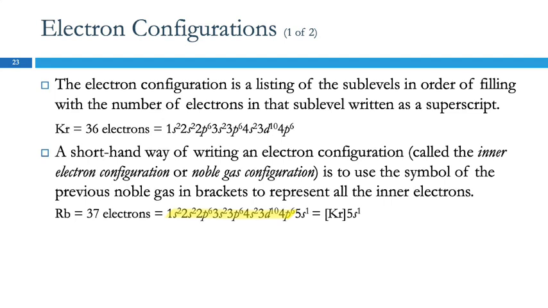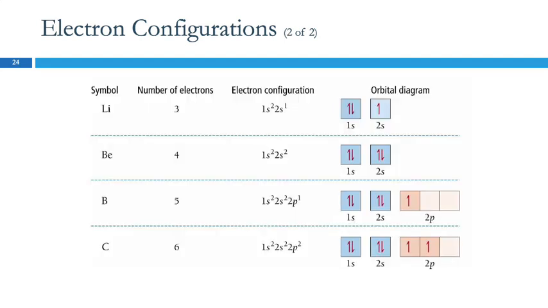And so we can shorten this and put krypton in brackets to represent the electron configuration of krypton and just show the extra electrons. This is called a noble gas configuration. And so you can do this by taking the previous noble gas, writing its element symbol in brackets, and then just putting the other electrons into their orbitals.